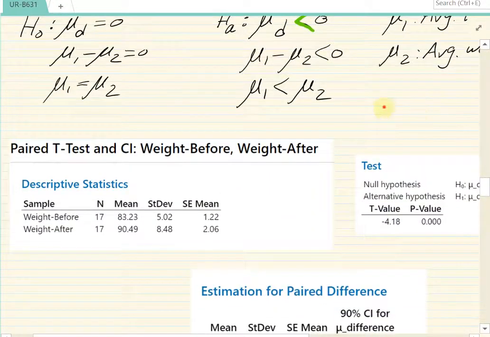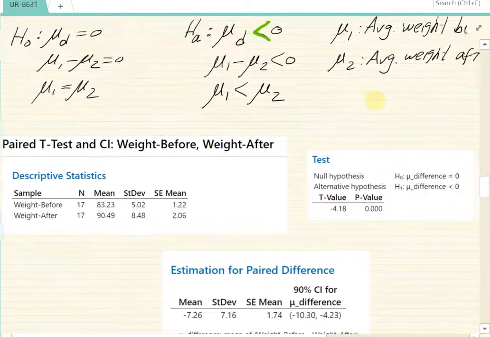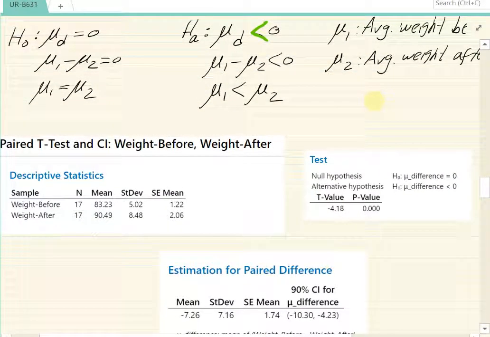And this is the run from Minitab. I'll go to Minitab and actually show you how this is done. So we're doing a paired t-test and confidence interval for weight before, weight after. These are some descriptive statistics for those raw numbers that we saw earlier. The weight before was 83 on average.